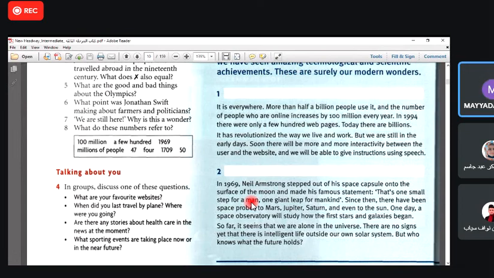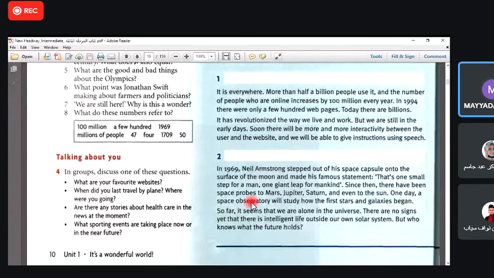One day, a space observatory will state how the first stars and galaxies began. So far, it seems that we are alone in the universe. There are no signs yet that there is intelligent life outside our own solar system. But who knows what the future holds?